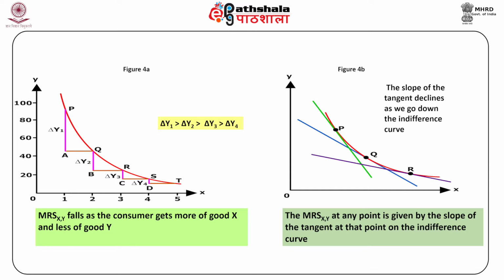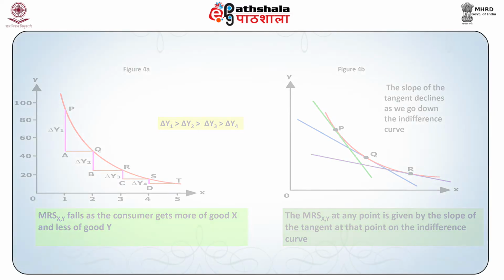It is clear from figure 4b that the slope of the tangent declines as we go down the indifference curve. From the law of diminishing marginal utility, we know that as the consumption of x increases, its marginal utility decreases. Therefore, the consumer sacrifices a lesser amount of good y for each additional unit of good x. Thus, marginal rate of substitution xy falls when the amount of x is increased.